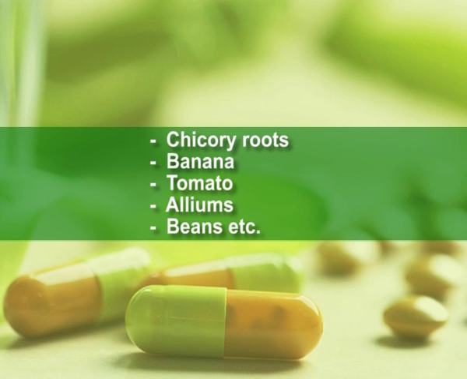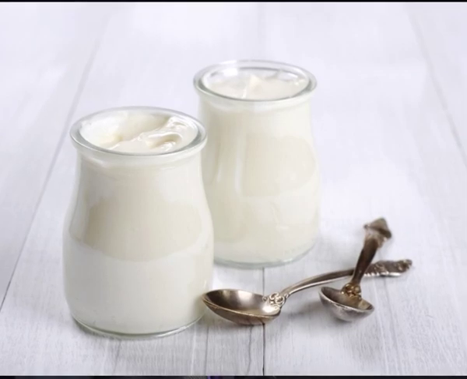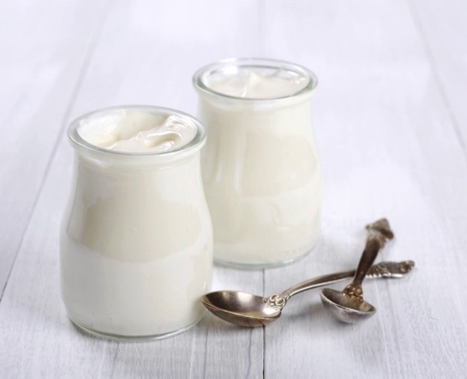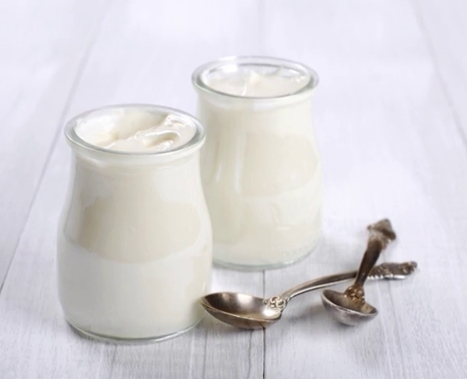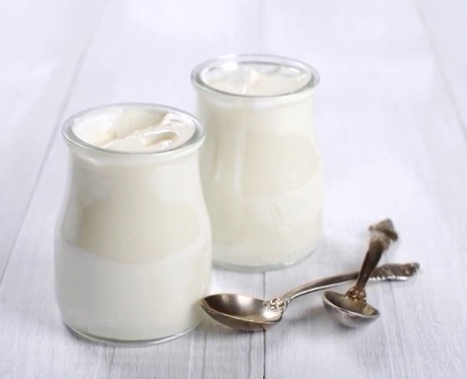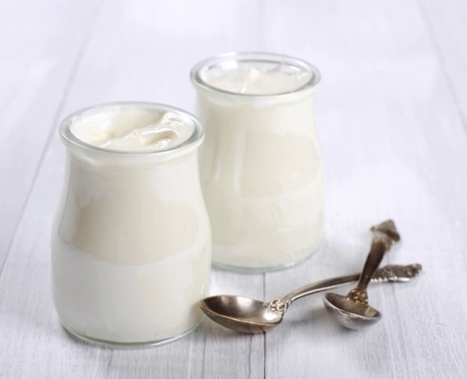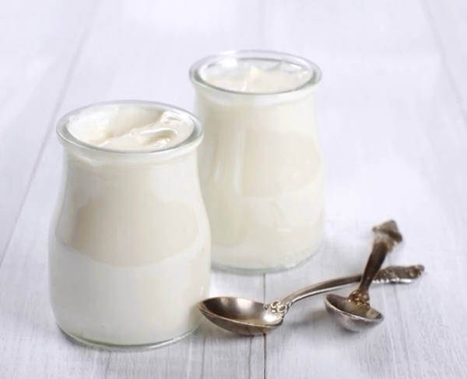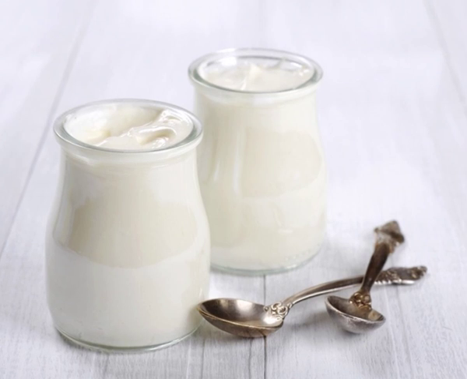Examples of such foods are chicory roots, banana, tomato, alliums, beans, etc. These are found to be beneficial in improving lactose tolerance, detoxification, dyslipidemia, relief from constipation, and in certain tumors.